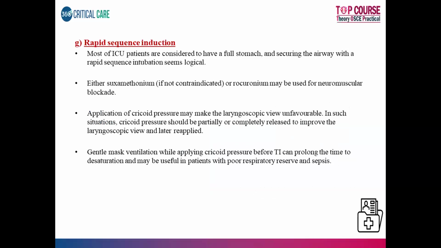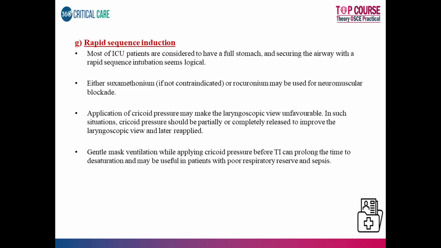So now next is, how do you induce these patients? The most common thing which we use is rapid sequence induction. Why? Because most ICU patients are considered to have a full stomach, and securing the airway with RSI seems logical here. So we use either scoline or rocuronium in this condition, and we usually apply cricoid pressure, right? But in some situations, this cricoid pressure would actually obstruct our laryngoscopic view.